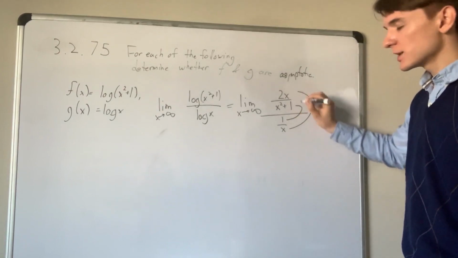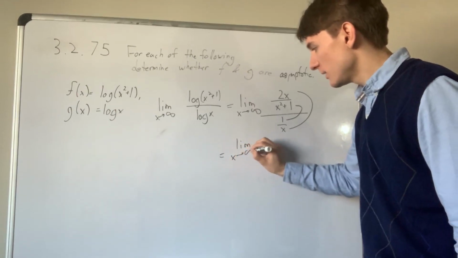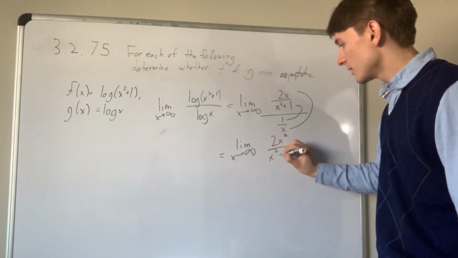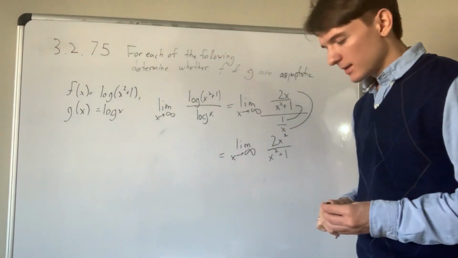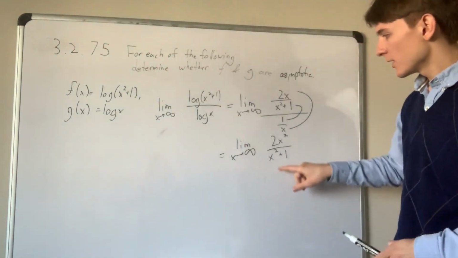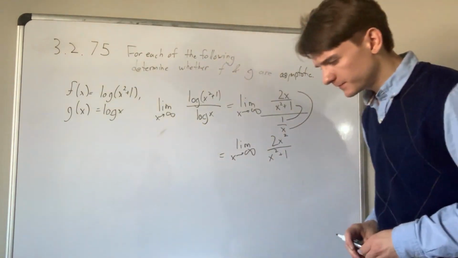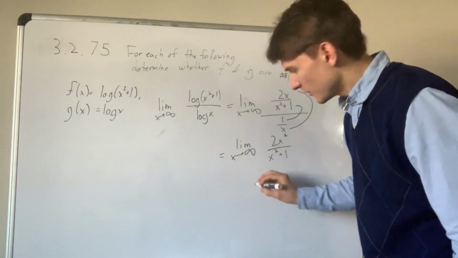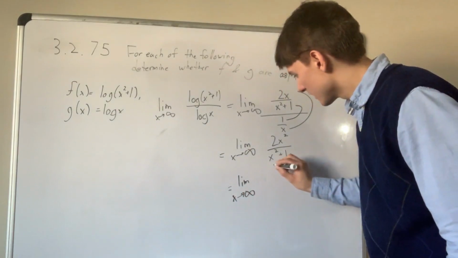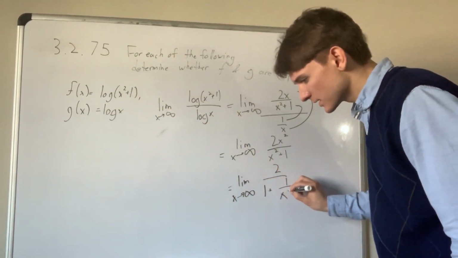This x multiplies 2x, and we get the limit as x goes to infinity of 2x squared all over x squared plus 1. Again, we apply algebra. We divide 2x squared by x squared, and we divide x squared plus 1 by x squared. And we get the limit as x goes to infinity of 2 all over 1 plus 1 divided by x squared.